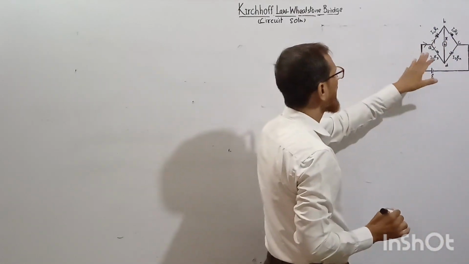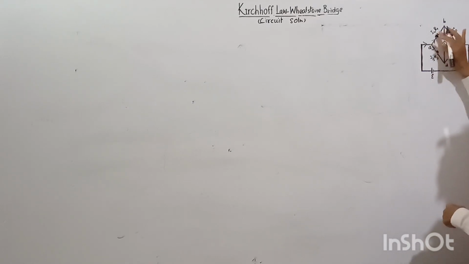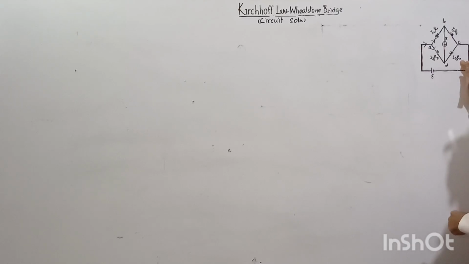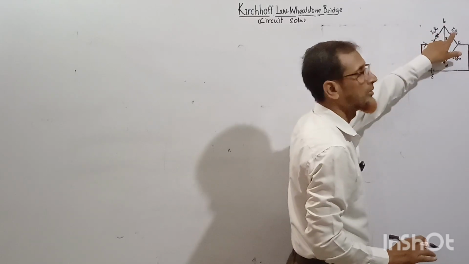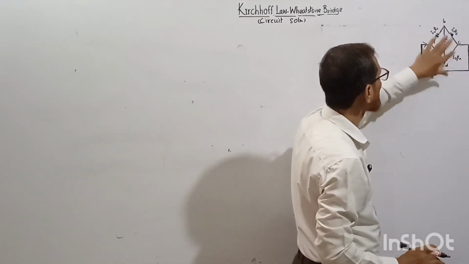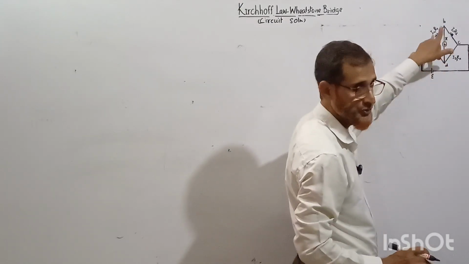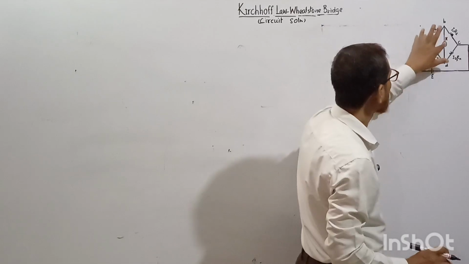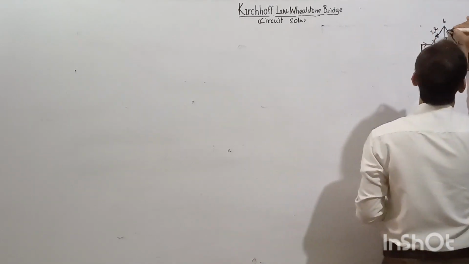So we have assumed this is current I1, resistance R1, and I2, R2, I3, I4, I4 Rx. So current I1, I2. Here, why have we assumed these two currents are the same? Because to get the balance, no current should pass through this diagonal through G, which means the same current I1 is passing through this path.